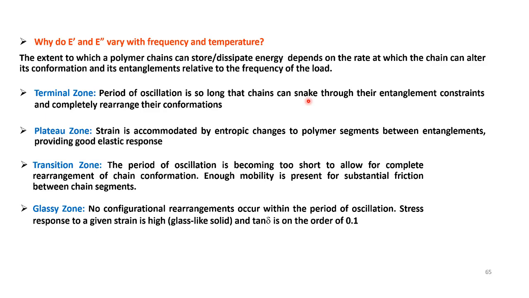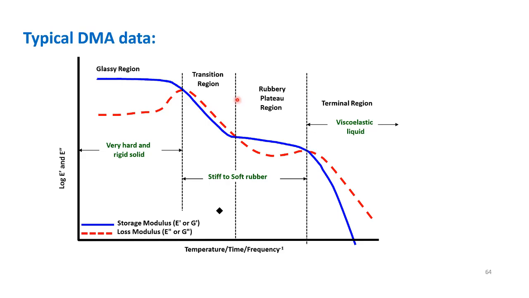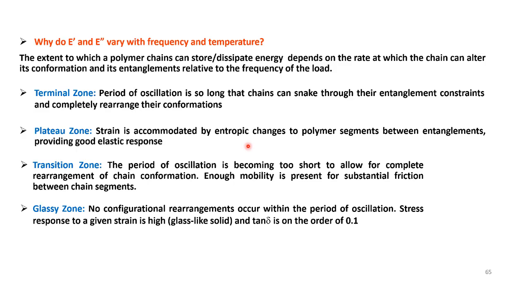Then we have a plateau zone. Here the strain is accommodated by entropic changes to polymer segments between entanglements, providing a very good elastic response. That's why we get a plateau here. So the strain is almost constant in this range, and then we have a transition zone.